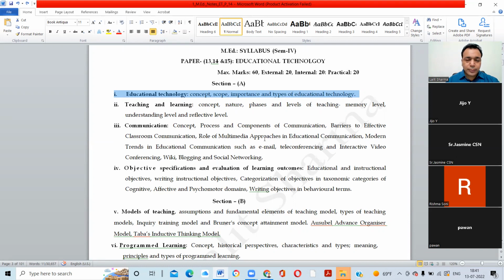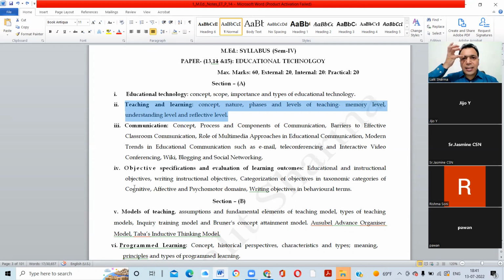That was number 1. And number 2, I request all of you to give preference to teaching and learning. Under teaching and learning, you should know the concept and meaning of teaching and learning, number 1. Number 2, nature and characteristics. Second important thing is phases.